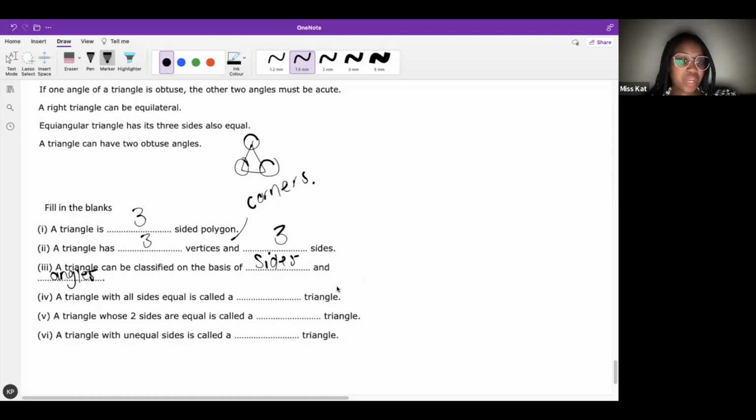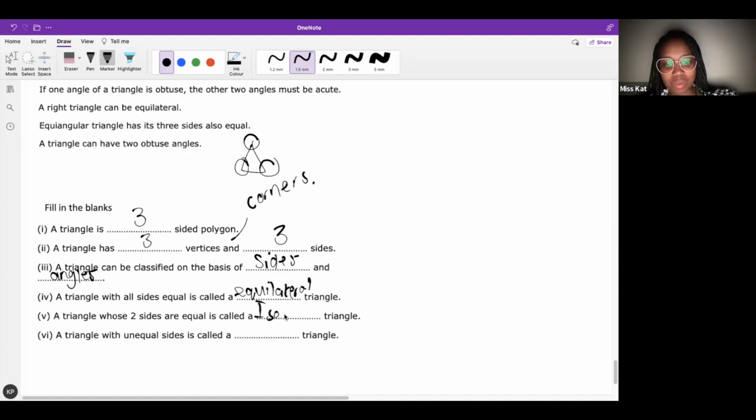Okay. A triangle with all sides equal is called an equilateral triangle. A triangle whose two sides are equal is called an isosceles triangle, and the spelling is correct for you guys.